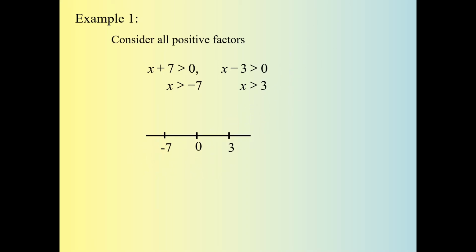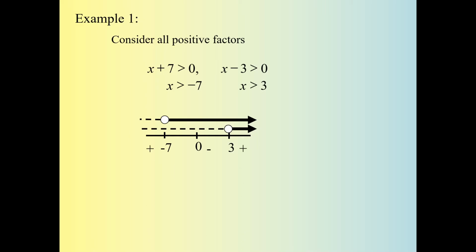So you draw the number line, -7 and 3. x greater than -7 is denoted by a solid line which is positive, and then the tail is negative, denoted by a dotted line. For x greater than 3, solid line, and x less than 3 is a dotted line representing the negative sign.